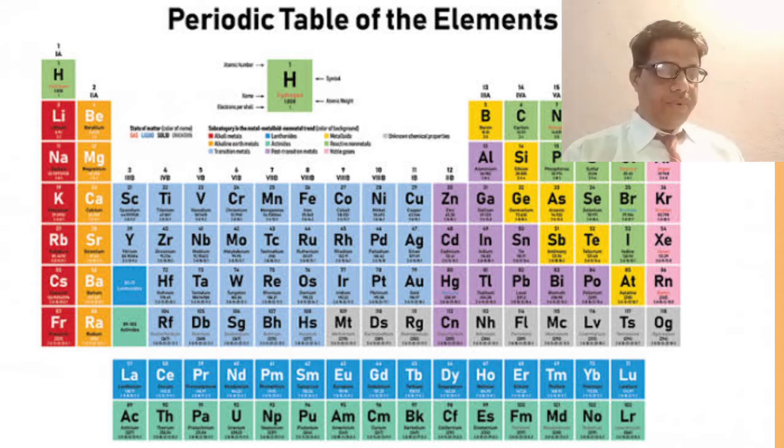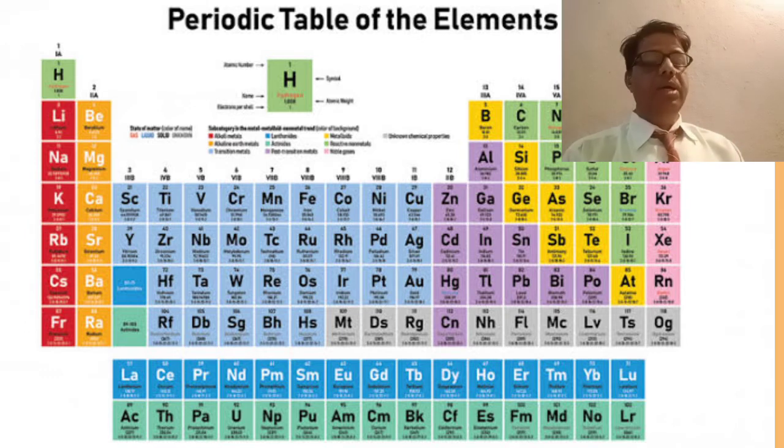Period number 3, 4, 5 and 6, that is period number 4, 5, 6 and 7, group number 3 to 12, that is starting from scandium and ending with zinc.